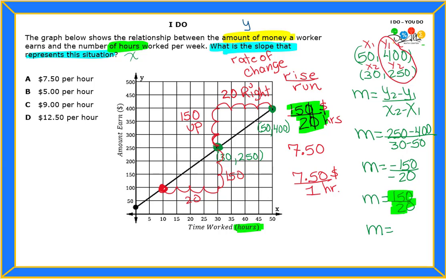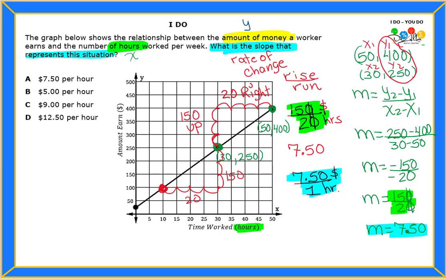Yes. So divide both of them by 10 means cancel the zeros, right? So now I got 15 over 2, which is 7.5 or 7.50. And that is exactly the same answer that I got earlier when I did rise over run. Now remember that I can put a denominator of 1, which basically means $7.50 for 1 hour.